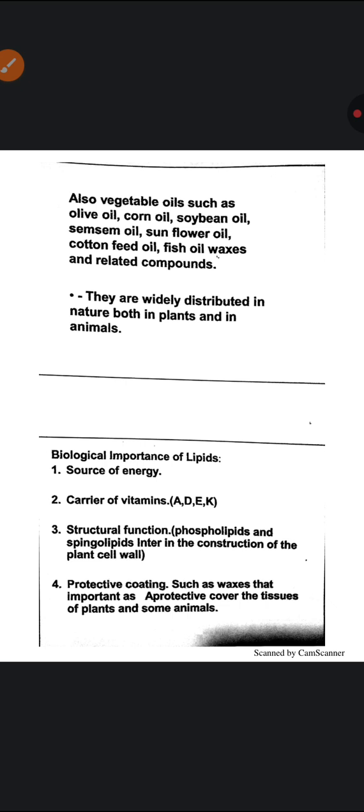They are examples of complex lipid under the class of lipid. Number 4, protective coating, such as waxes, that are important as protective cover of the tissue of plants and some animals.